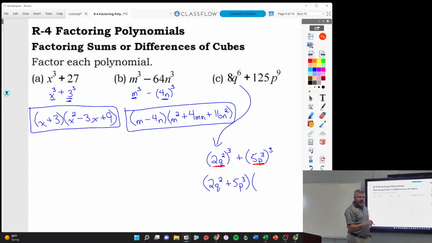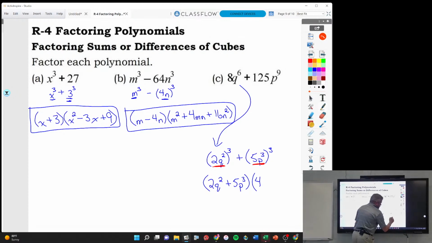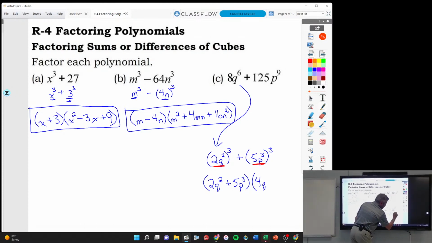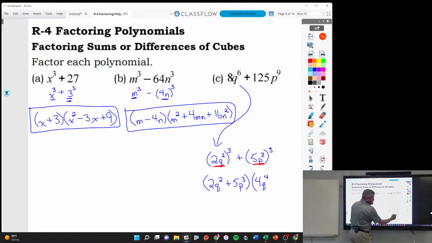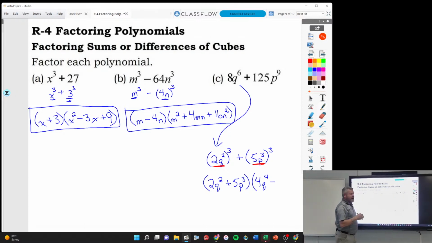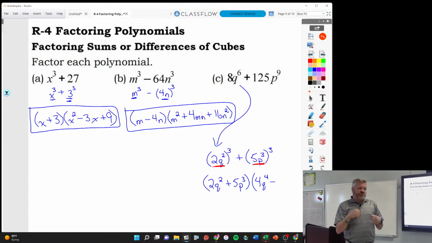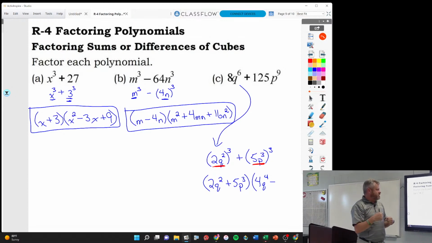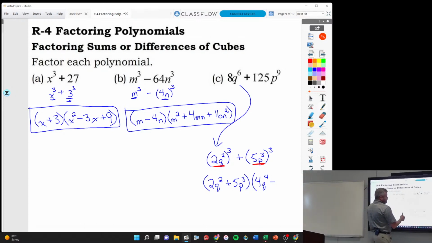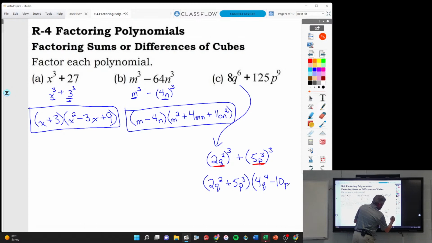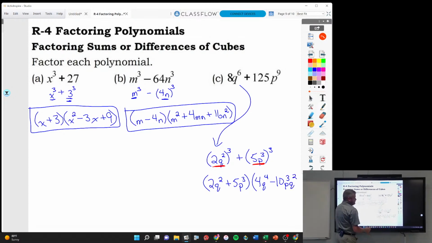So if I square 2q squared, 2 times 2 is 4, and q squared squared would be q to the 4th. Opposite sign, I'm going to take my x and my y and multiply them together. So 2q squared times 5p cubed, that would be 10p cubed q squared.